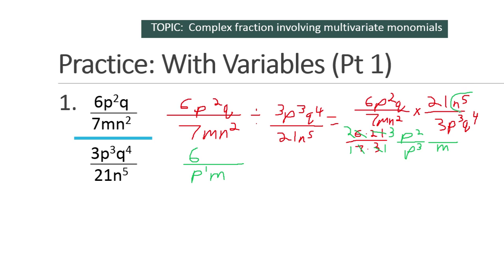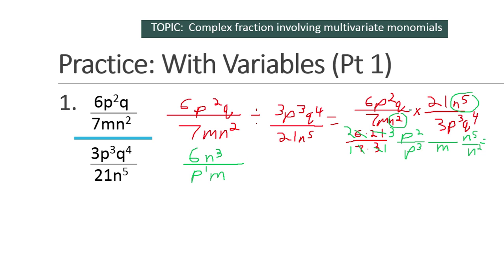You can see 5 up here, 2 down here. So n to the fifth over n squared. Subtract them, and we get n to the third. So is that going to be more on top or bottom? Top. So n to the third.